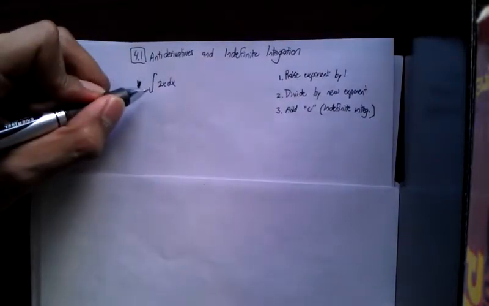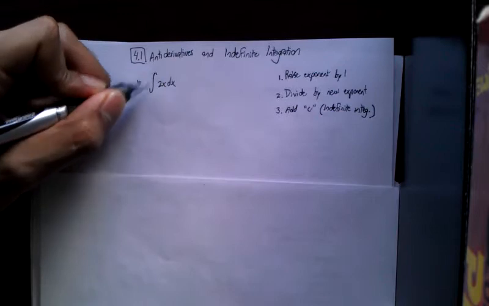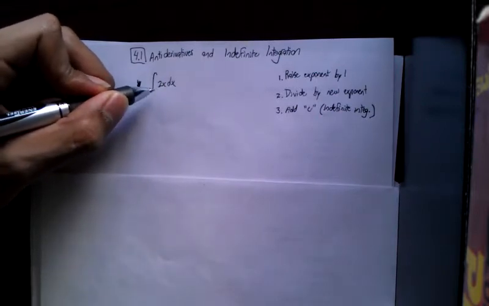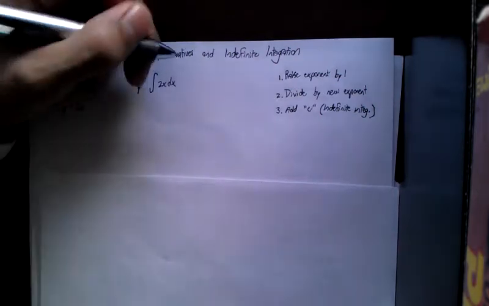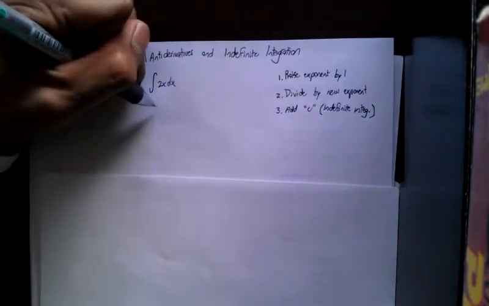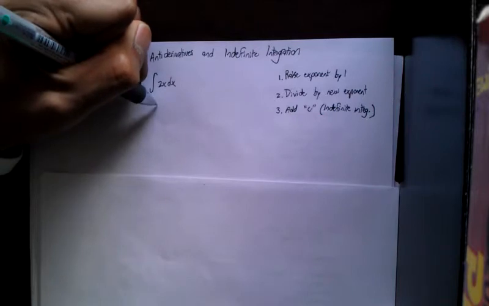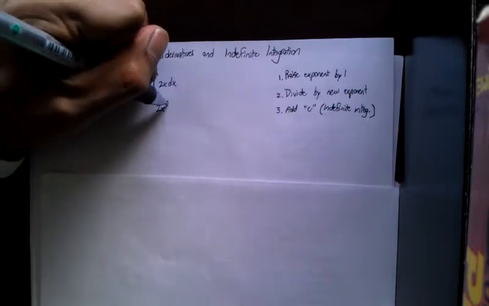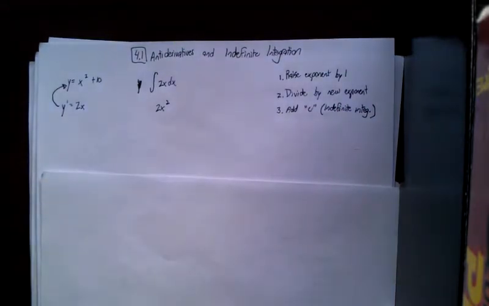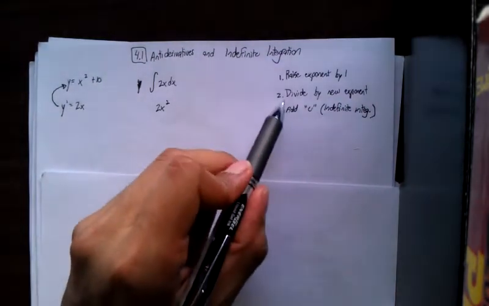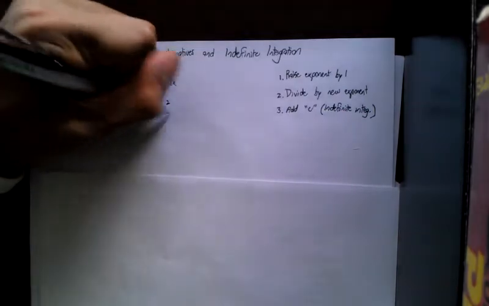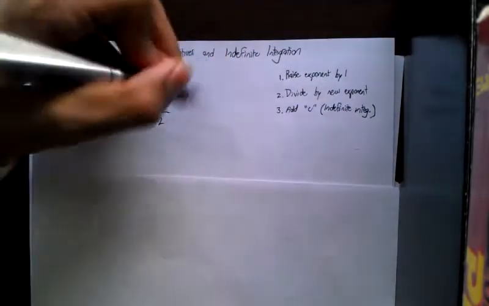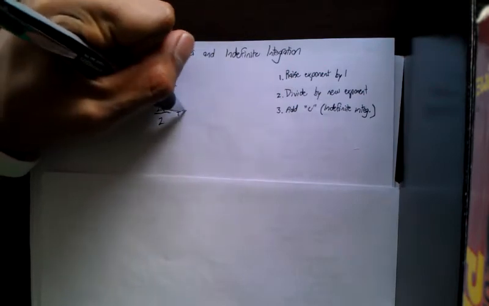So this is asking, take the integral, find the antiderivative of 2x dx. So the first step is to raise the exponent by 1. So 2x, and then raise the exponent on the variable by 1. So 2x squared. Second step, divide by new exponent. So divide by 2. And then third step, add c.